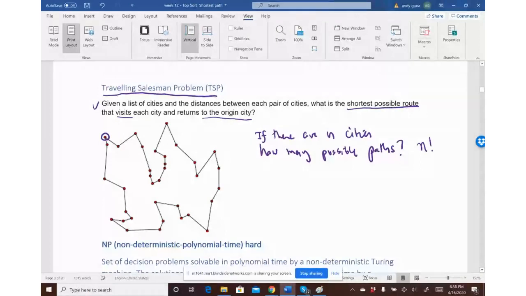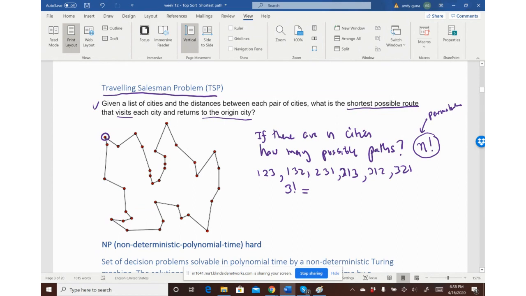Not all of them are feasible, but this is really the number of permutations you can get. For example, for 1, 2, 3, you can have 1, 2, 3; 1, 3, 2; 2, 3, 1; 2, 1, 3; 3, 1, 2; and 3, 2, 1. So there are 6 permutations coming from 3 cities.